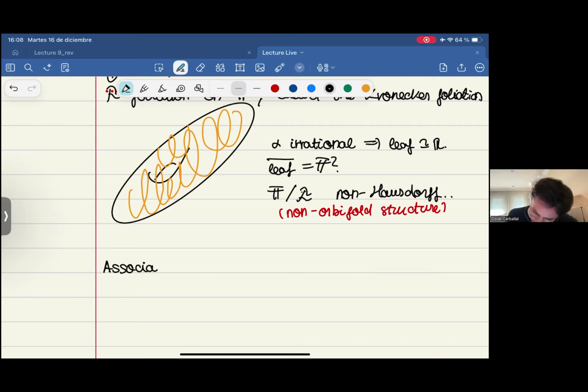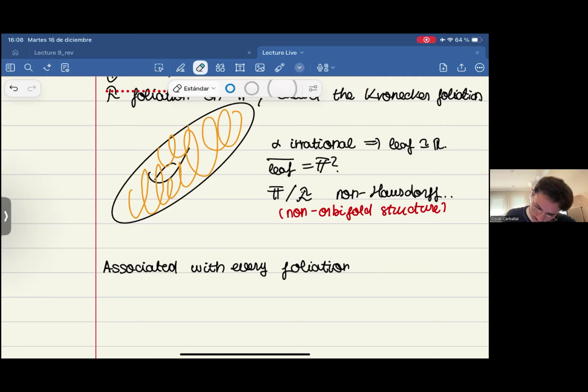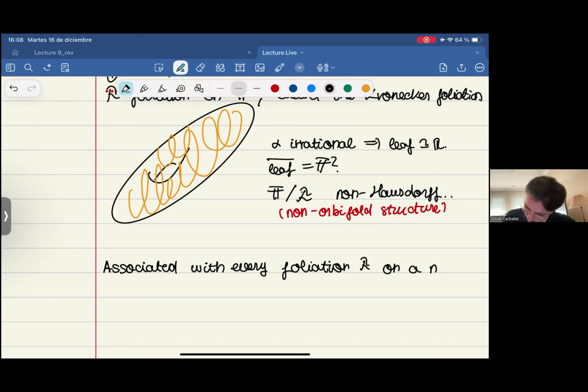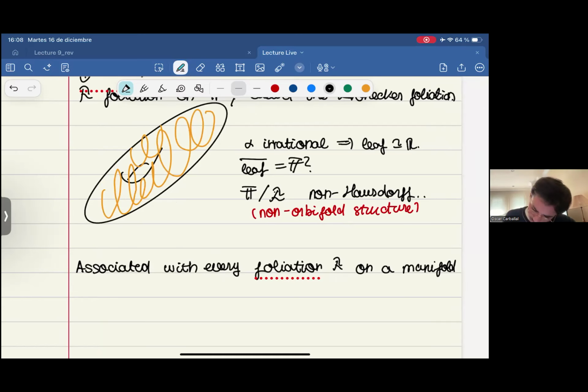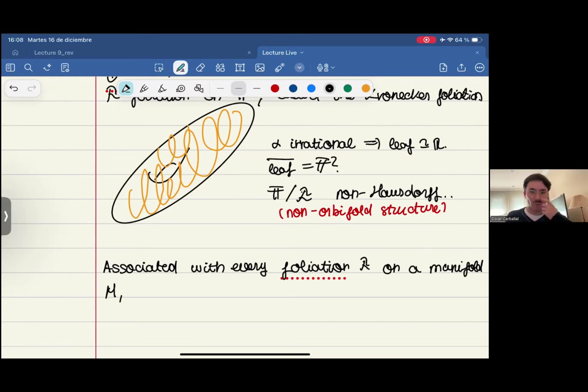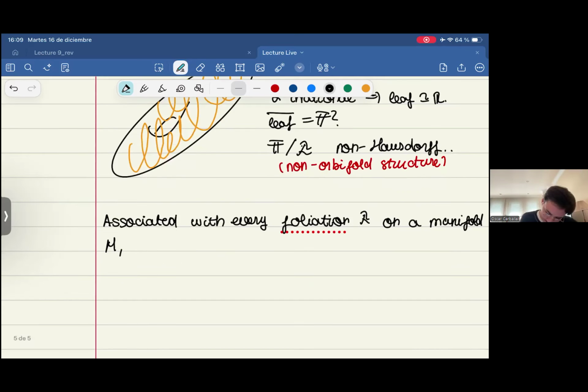Associated with every foliation on a manifold M, we can define the associated monodromy groupoid of the foliation.